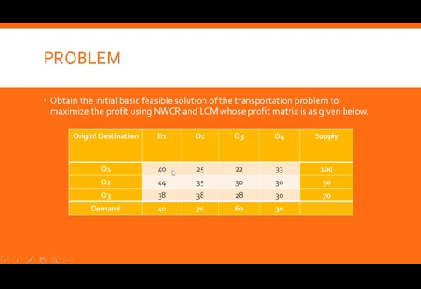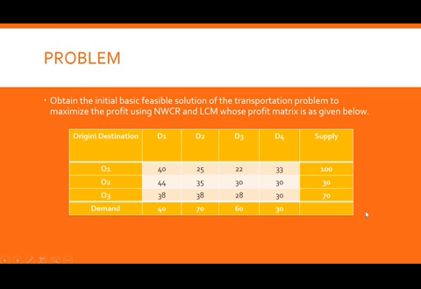So the profit matrix given to us is 40, 25, 22, 33, 44, 35, 30, 30, 38, 38, 28, 30. So we find that the largest value is 44.